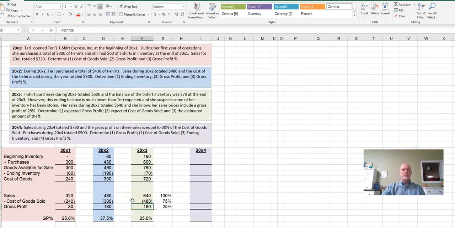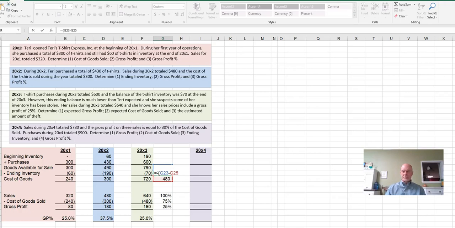And so if the cost of goods sold was 480, let's take that up here. And remember, we know what the goods available for sale was, 790. So what the inventory should have been is the difference between those two. So the difference between 790 and the 480 is 310. And I'll put a negative sign on that.